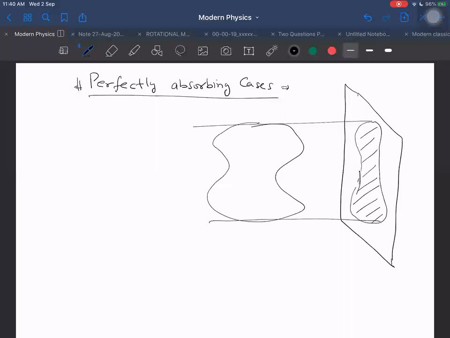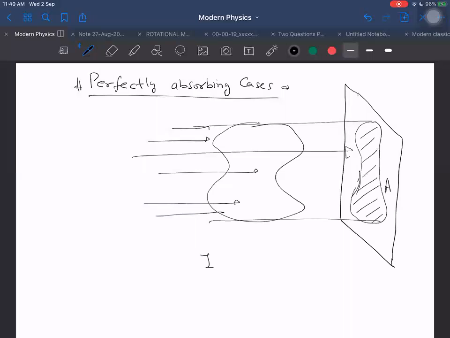And whatever area that shadow is having, if rays are falling like this and casting some shadow, then the formula can be obtained directly.